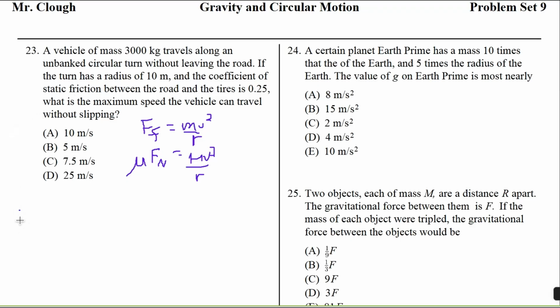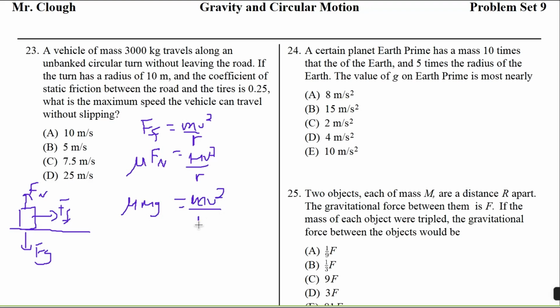Fn, because the object is moving in a circle, we have gravitational force going down. Well, I should say it's moving in a horizontal circle. This is what my FBD looks like. So the normal force is going to be equal to the gravitational force. So this is mu mg equals mv squared over r. What I like about this is that it shows that the mass doesn't matter.